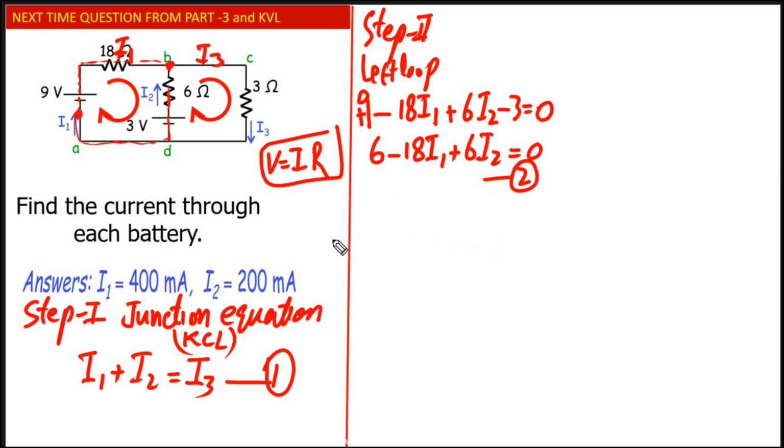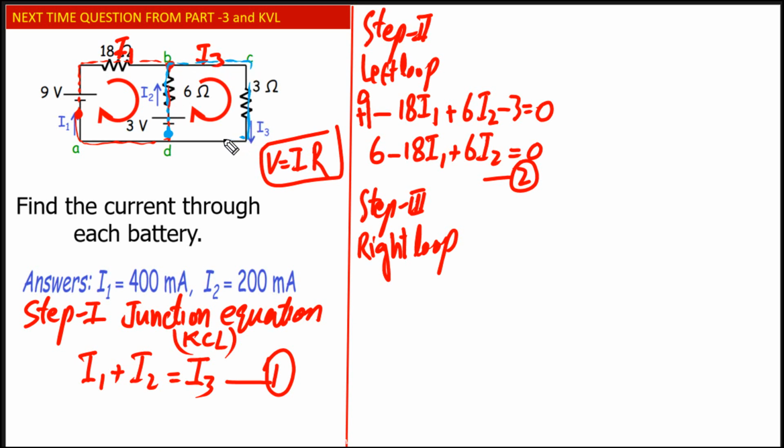Now we need another loop because we have to find I1, I2 and I3 is also involved. So we need at least 3 equations. So the third step. Let's choose the right side loop. Let's say we start from this point and we go clockwise.